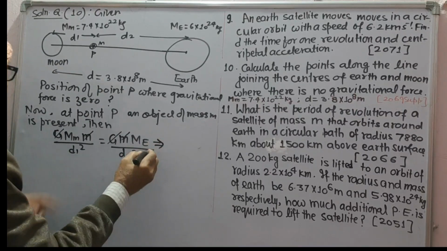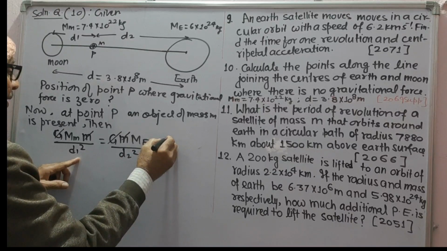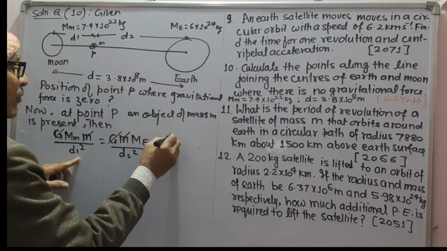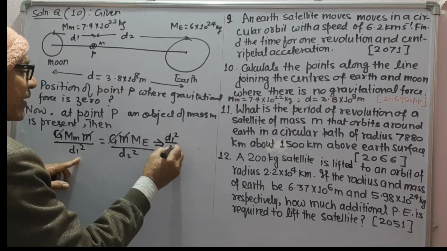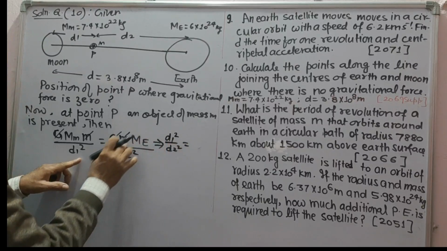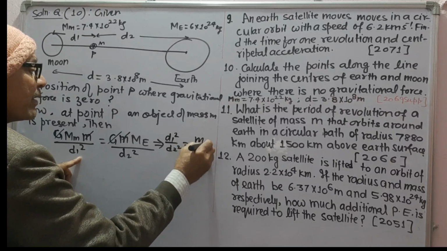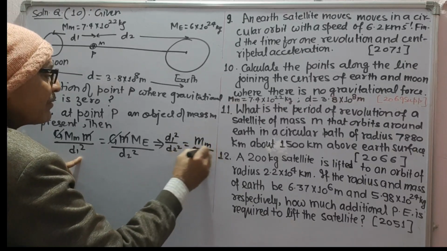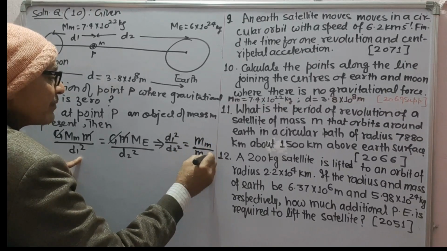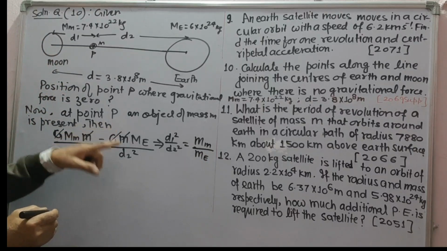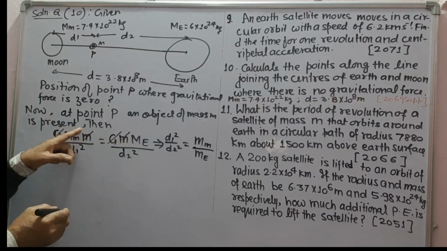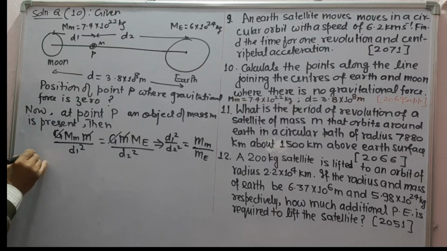Therefore we get D1 square upon D2 square as mass of Moon upon mass of Earth.